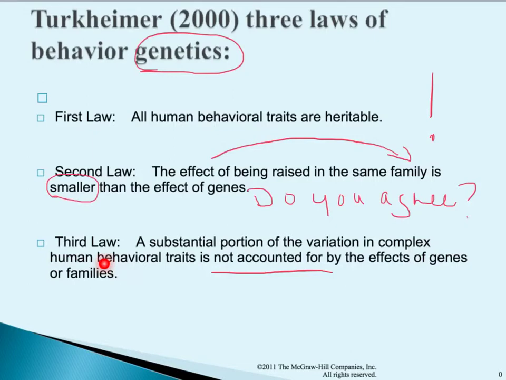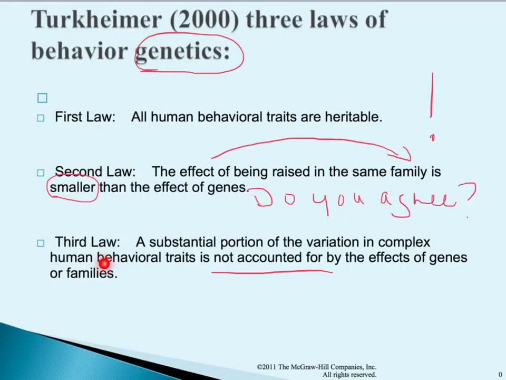He's saying that genes and families don't cause the varieties of behavior that we see, that it's caused by another factor. I want you to think for a moment about your brothers and sisters and your relations to them. In what ways are you similar? In what ways are you different?